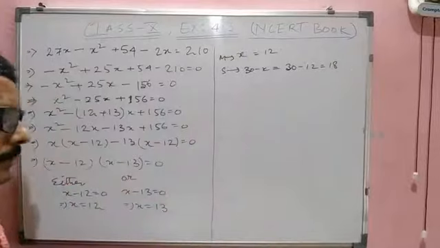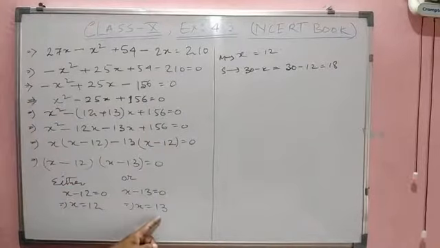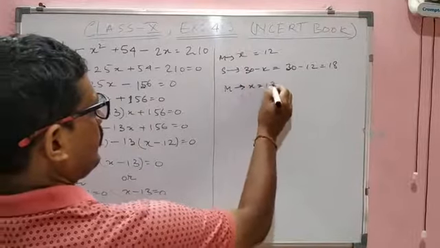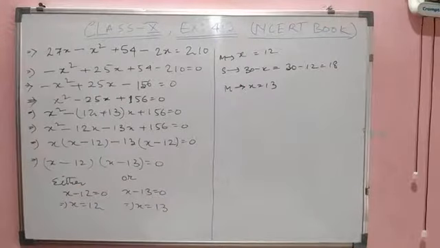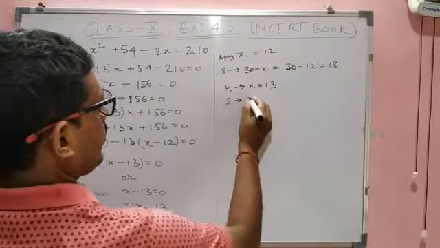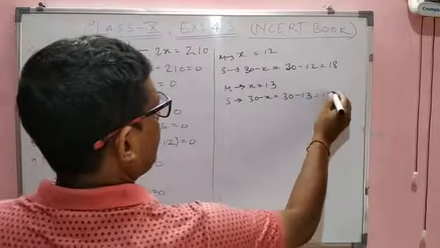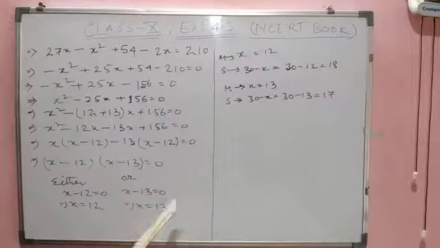So it is possible. If the marks obtained in maths is x equal to 13, then marks obtained in science will be 30 minus 13 equal to 17. So two cases are there.